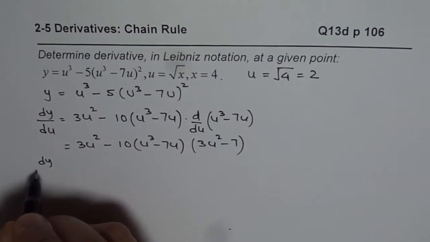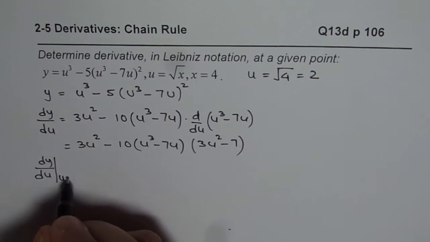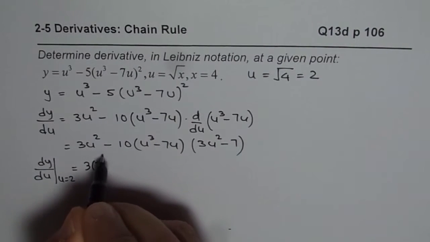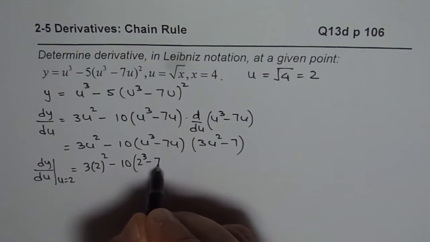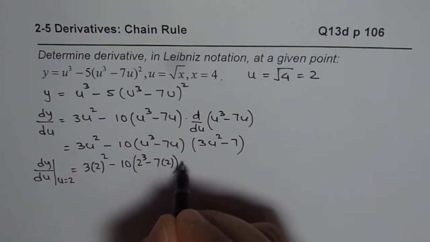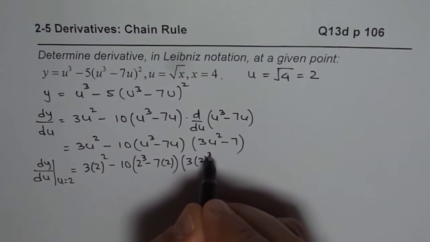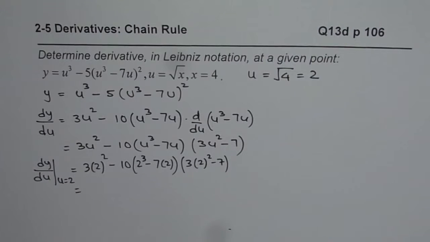Now let us find this derivative at u equals 2. So dy/du, this is another nomenclature which you could use. Substitute 2 here, so we get 3 times 2 squared minus 10 times (2 cubed minus 7 times 2) times (3 times 2 squared minus 7), right? Now you can use the calculator and evaluate your answer.